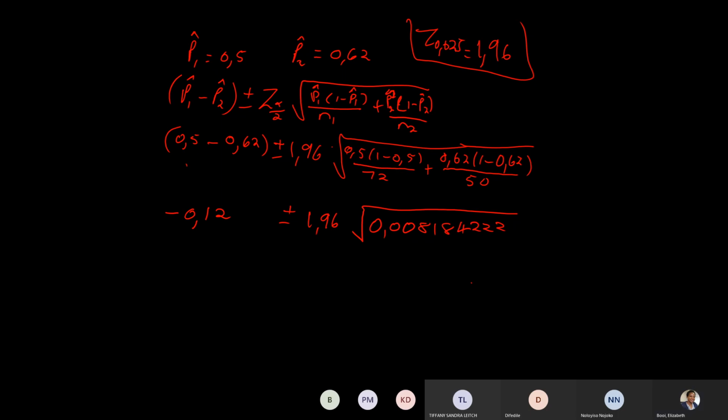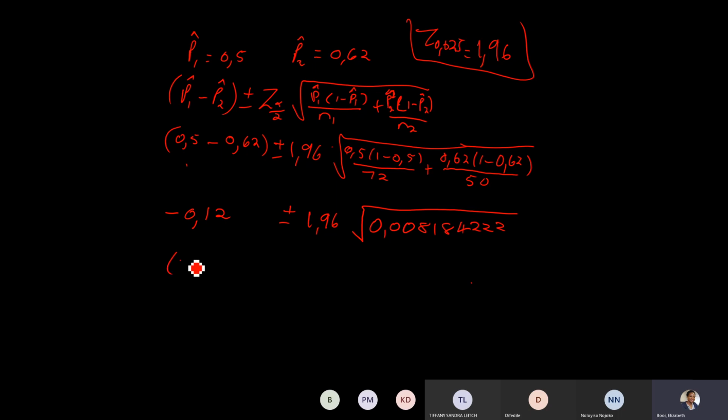Okay, so now I must multiply my square root of 0.0818422 times 1.96 equals plus or minus 0.177314. I can split it from here without doing the plus or minus.